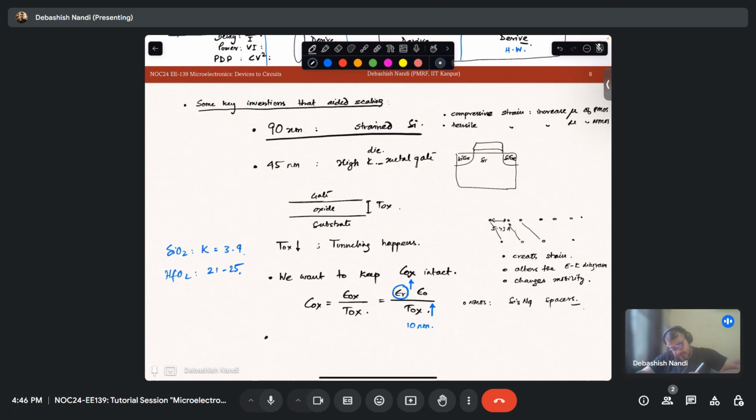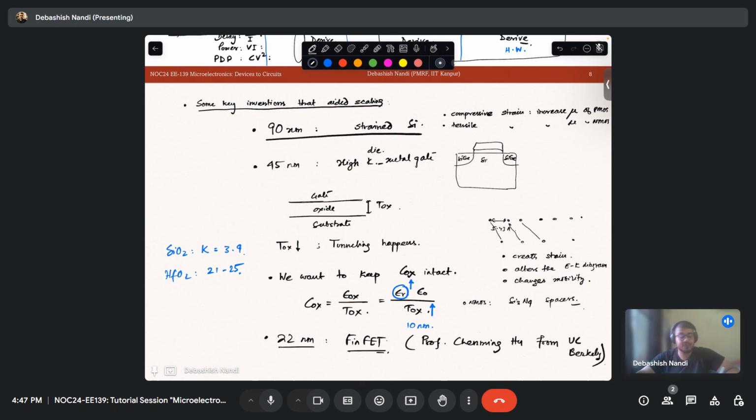Another key invention was the 22 nanometer technology, where FinFET was introduced. The idea came from Professor Chen Ming, who is also one of my mentors, from UC Berkeley.